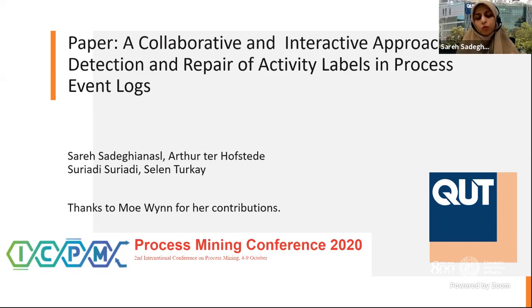Well, the output of the gameplay phase would be a number of detections and repairs. Detections would be a group of labels that players think are synonyms, and a repair would be a suggestion for their replacement, right?